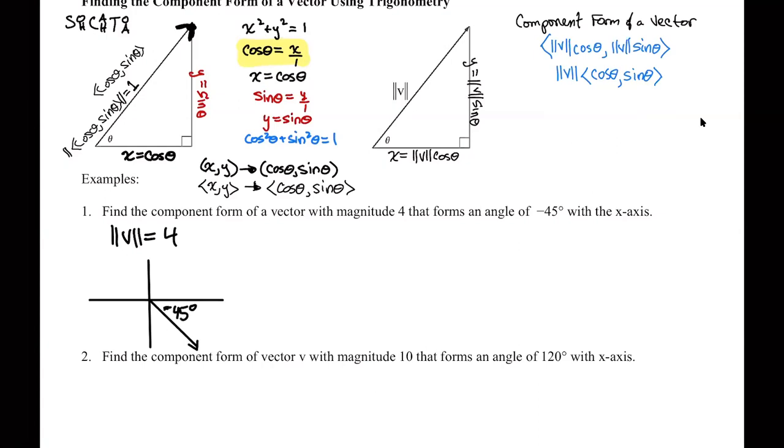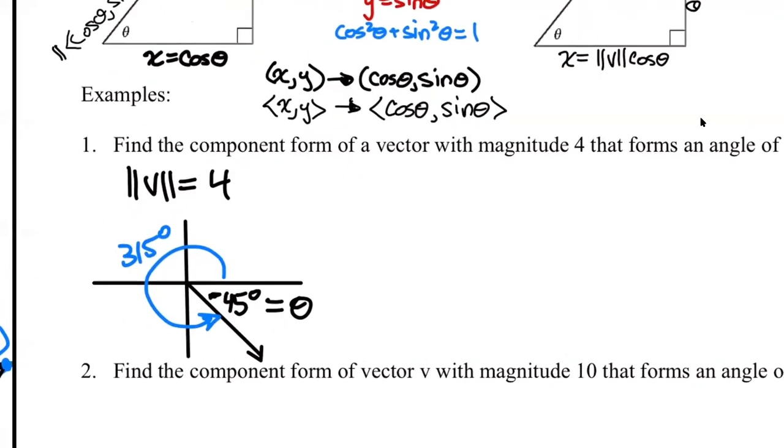So this is going to be my value theta. Now, theta can be positive or negative. This just means that we went 45 degrees in the clockwise direction rather than counterclockwise. But if you want to make it a little more comfortable in terms of the unit circle, you could think of this as 315 degrees. Either way, you're going to get the same value.